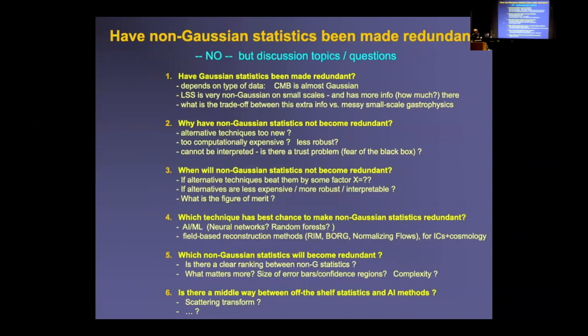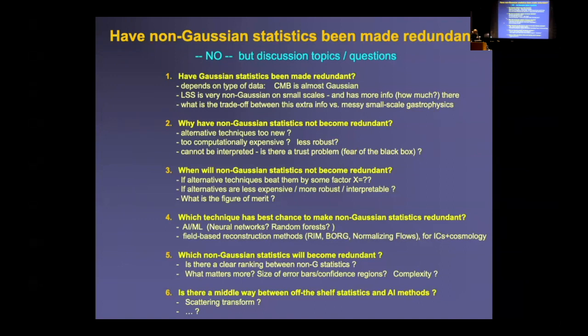This has come up before today, that the systematics might hurt the very nonlinear machine learning results more than the traditional statistics. Or is it just a lack of trust in these methods because we can't interpret what the machines are doing? So fear of the unknown.